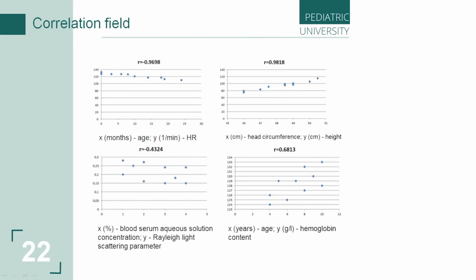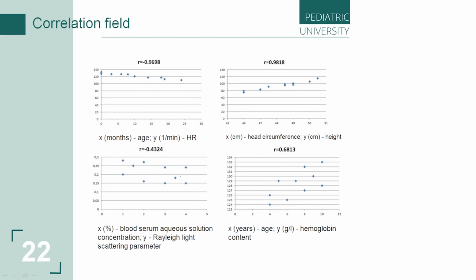In the third graph, the correlation coefficient is negative, minus 0.43 if we use the rounding rule. The points are very scattered, not near the line, and the relationship is moderately negative.